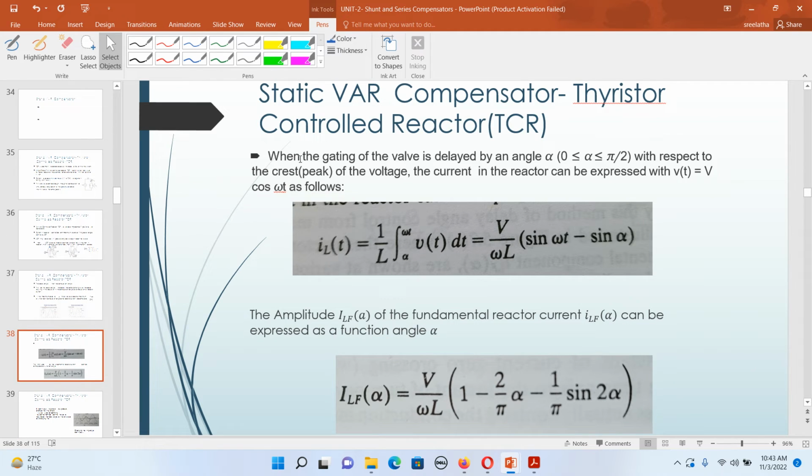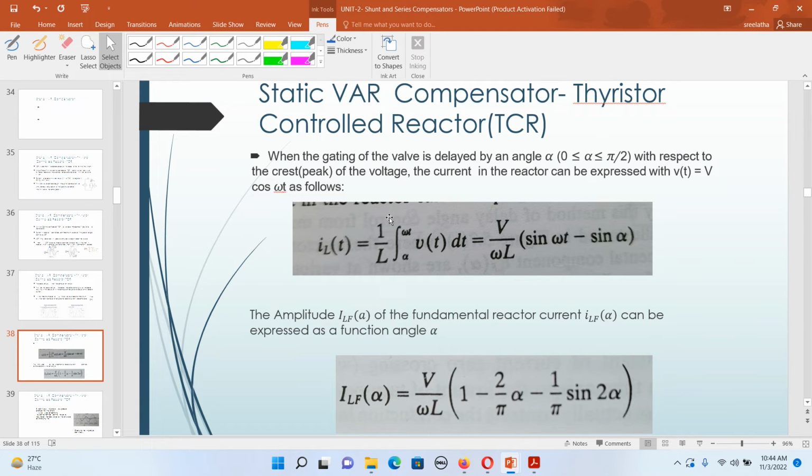Now, when the gating of the valve is delayed by angle alpha, where alpha lies between 0 to pi by 2, with respect to the crest or peak of the voltage, the current in the reactor can be expressed like this. This is the equation.